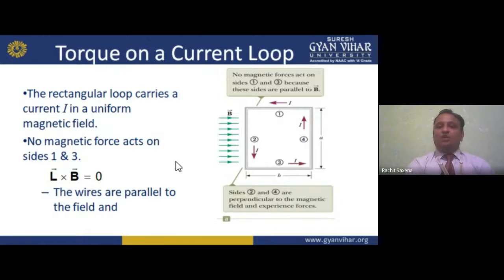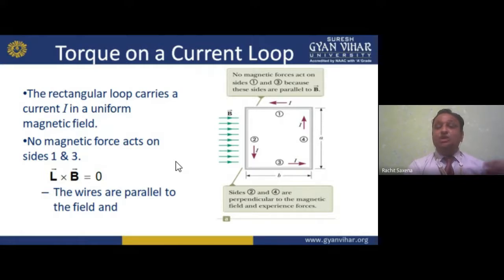Now the next topic is torque on a current loop. If I'm talking about force, my dear students, with displacement, we can talk about it in a very simple manner.